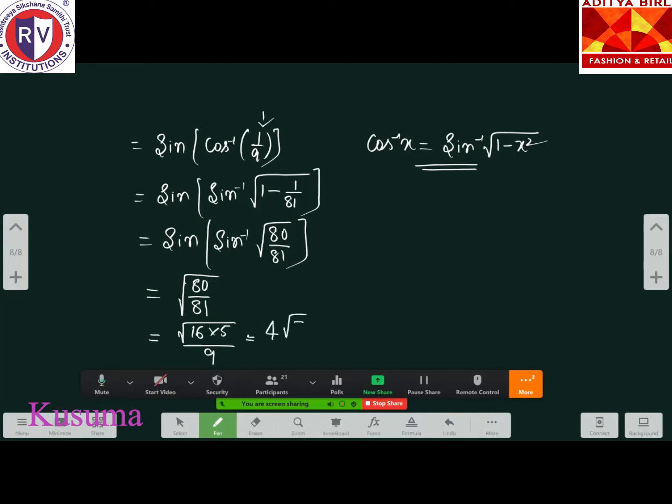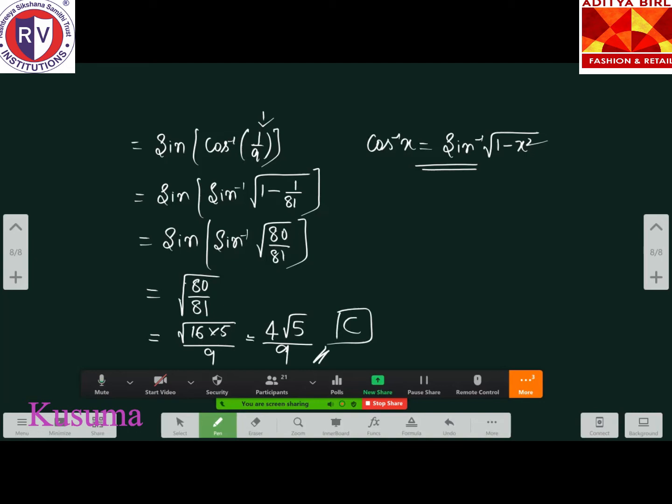What is left out here is root 5. So the value of sine of 2 cos inverse root 5 by 3 is 4 root 5 by 9. I think this was your option C, right? Option C is the right answer.